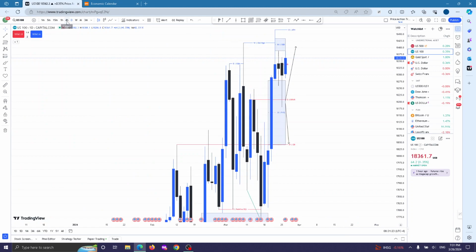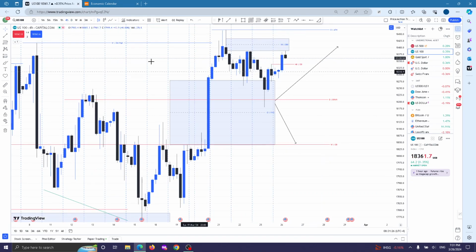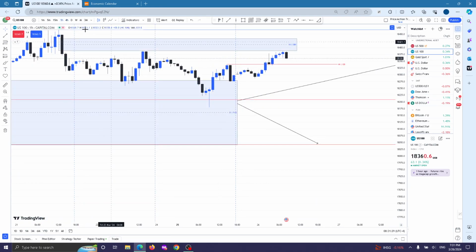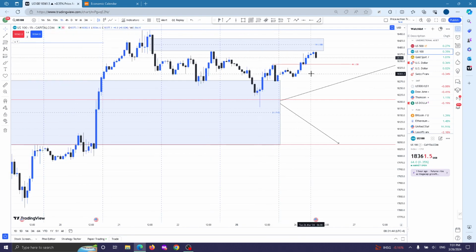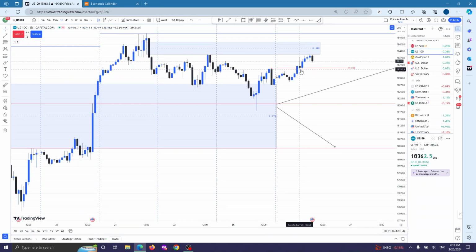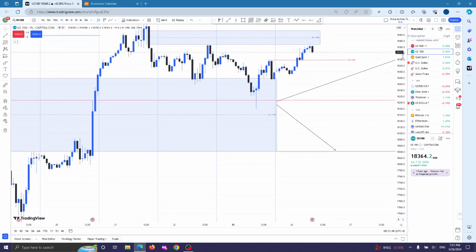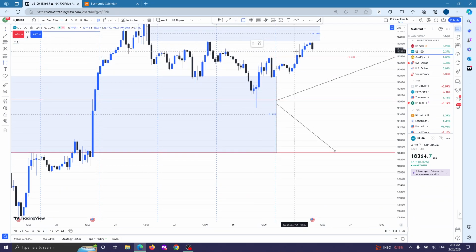Daily we don't have anything, but 4 hour there's no B. 1 hour chart. This order block is also a reclaim order block here. That will be powerful. Now look at H1. We seem to have a double bottom and a fair value gap inside this order block.